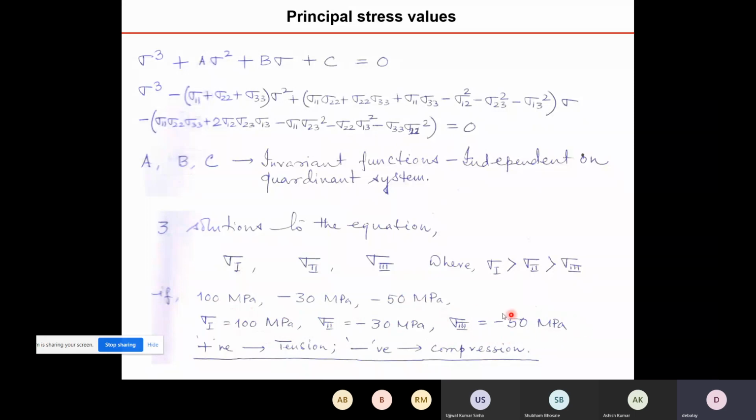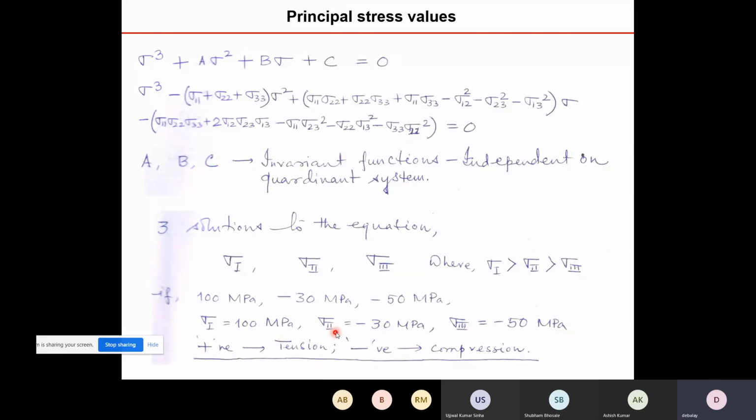So the more negative value will be sigma 3, intermediate will be sigma 2, and the maximum is sigma 1. Here you please be very, very careful. Sigma 1, sigma 2, sigma 3 are the three principal stresses, but their nomenclature depends on their values. So that aspect is variable.